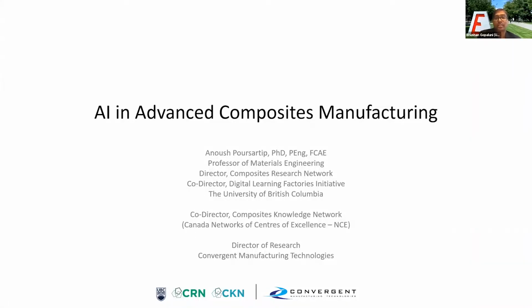So let me introduce our next speaker. It's Professor Anoush Poursartip of the University of British Columbia. He is a professor in the Department of Materials Engineering. His main area of research is polymer matrix composite materials. The two most important areas of concern with composite materials are damage growth in service and processing science for efficient manufacturing.